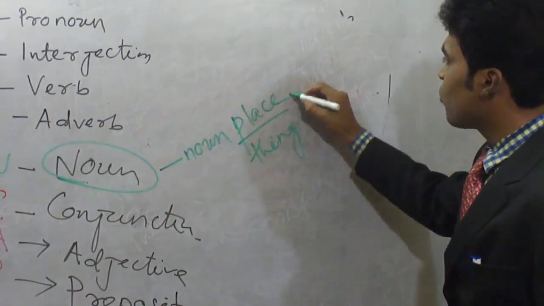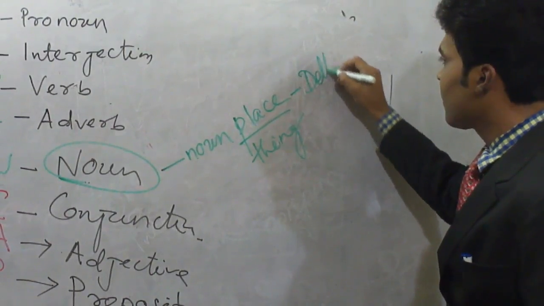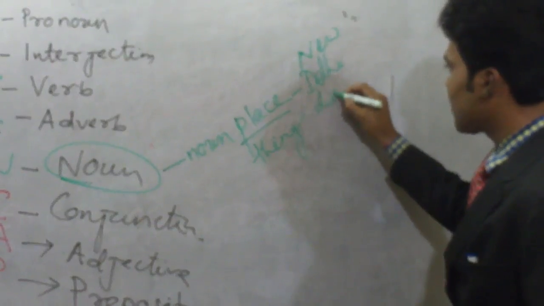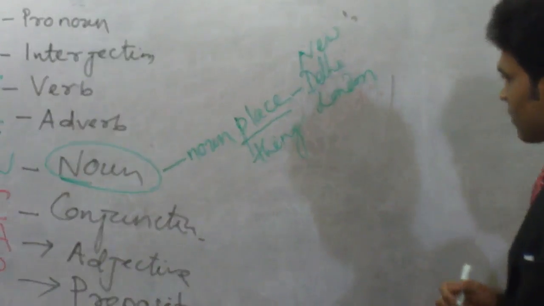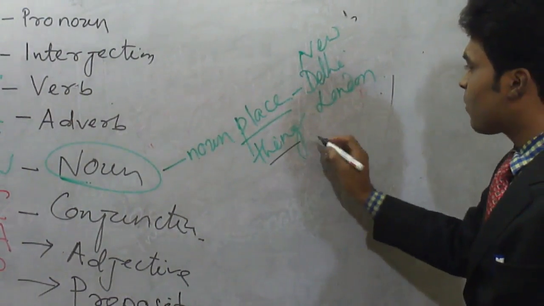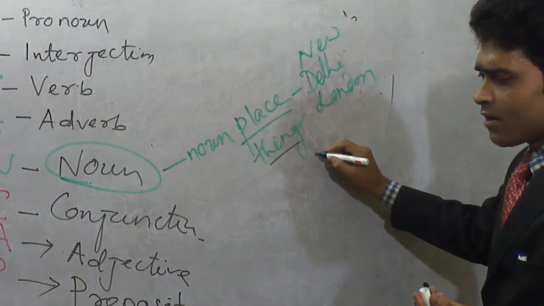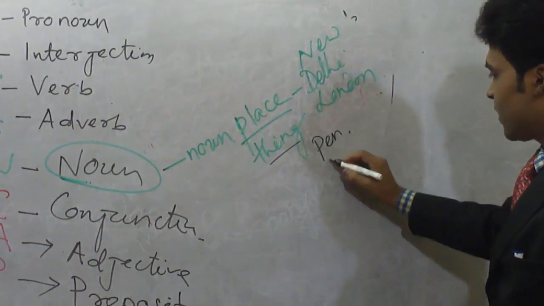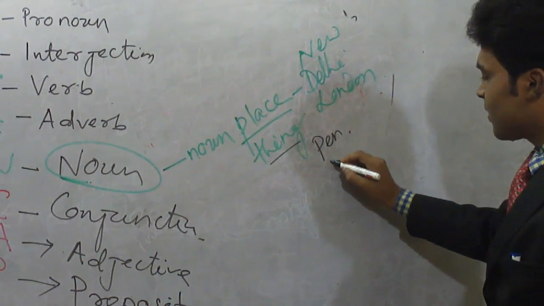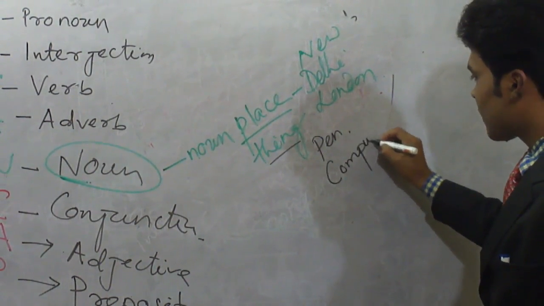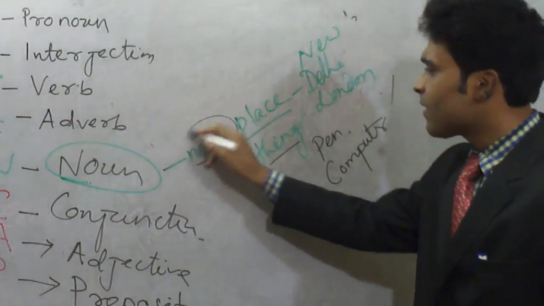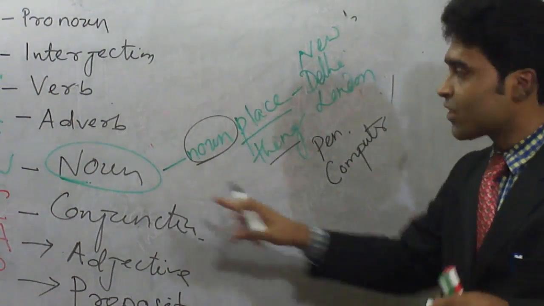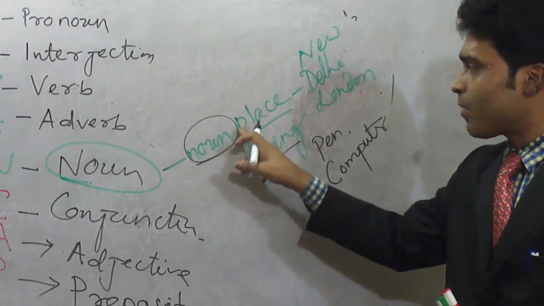For example, for place, you may say Delhi, which is the capital of India, or New Delhi, or London. For a thing, let it be pen, or you may say computer. Are you getting my point? So anything which is visible or invisible but has a name is known as noun. It may be a place, it may be a thing.